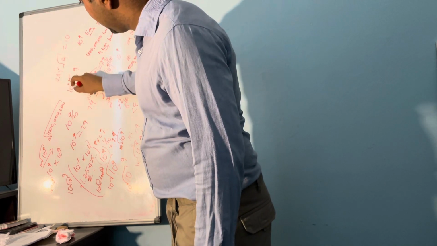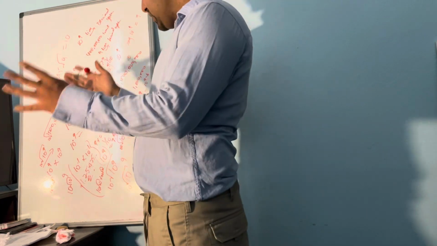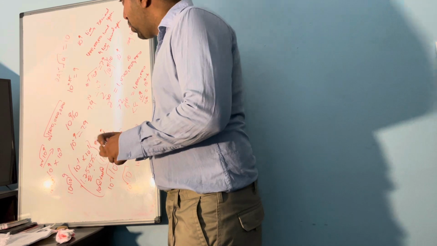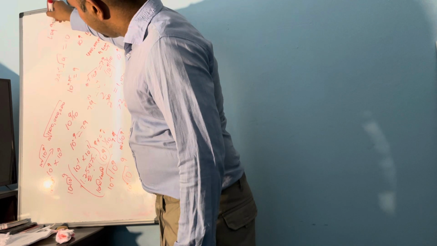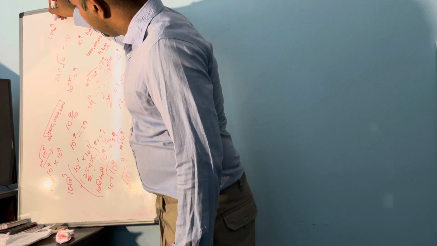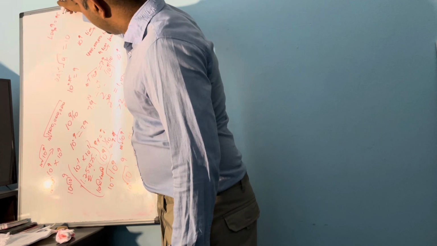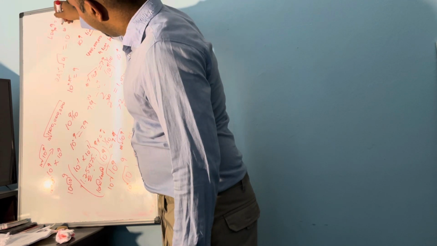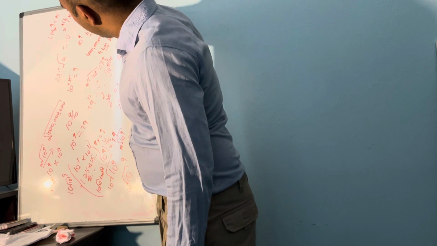This is another way, 10 to the power of 0.95 equals 9. So what I'm trying to explain here is log base 10 of 9 is equal to 0.95. This is 10 to the power of 0.95, and this is the 0.95 root of 9.